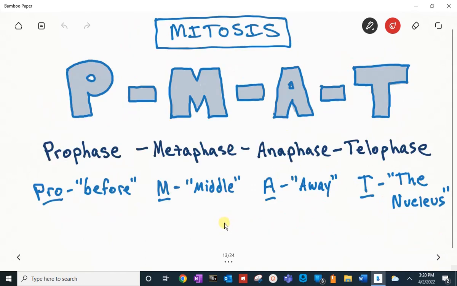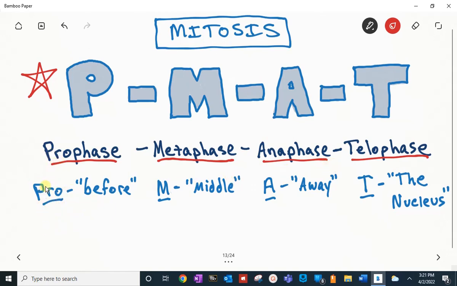Now, for mitosis, it is going to be very helpful if you memorize PMAT, P-M-A-T, because that stands for the cycles within mitosis. There's prophase, metaphase, anaphase, and telophase.